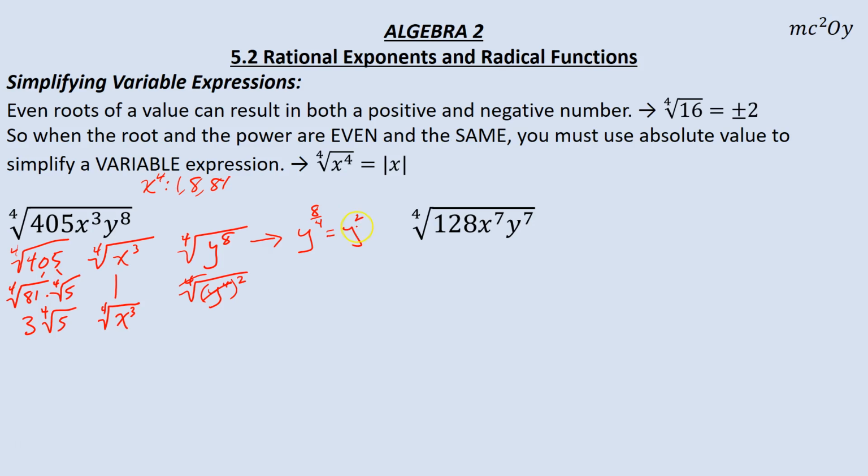Notice since I'm squaring this, I don't have to worry about the absolute value, because even if it was negative, it's going to become positive because I'm squaring it. So this part becomes y squared. On the outside, I have 3y squared, and then the 4th root of 5x cubed.